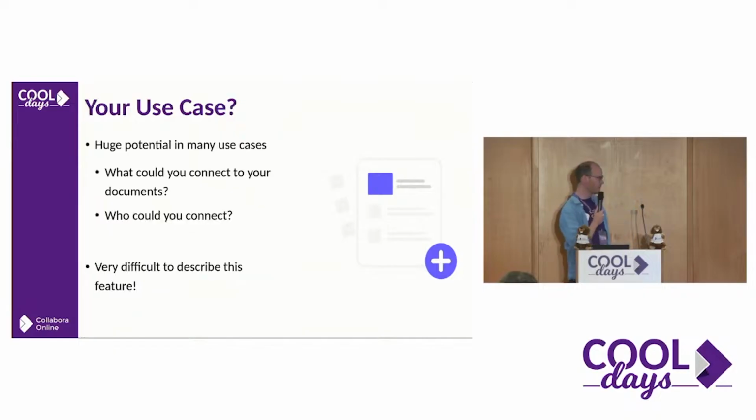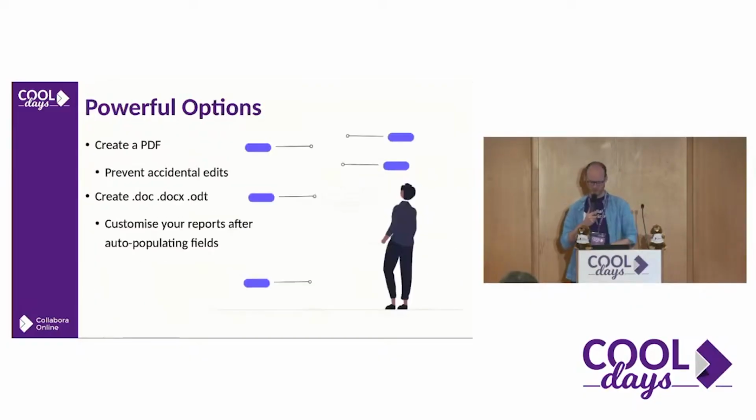So there's really quite a lot of possible use cases for this. It's obviously an open-ended API. We don't have any one particular thing in mind, and as such, it's quite difficult to describe this feature. But it's something that hopefully lots of our end users will enjoy. And then just one more thing to mention, which is, of course, we can use this to create PDFs so that it's not editable.